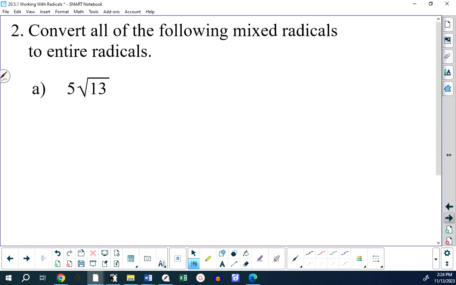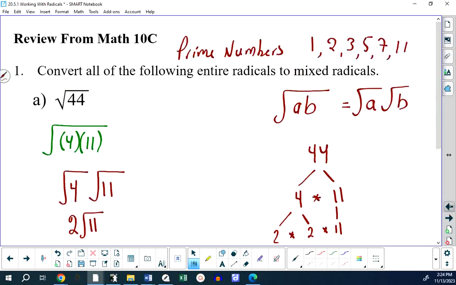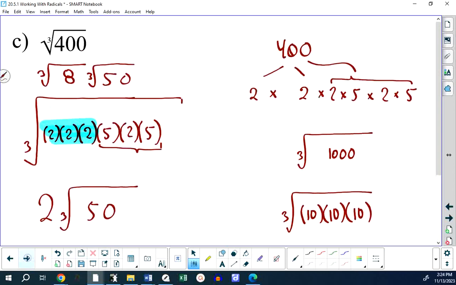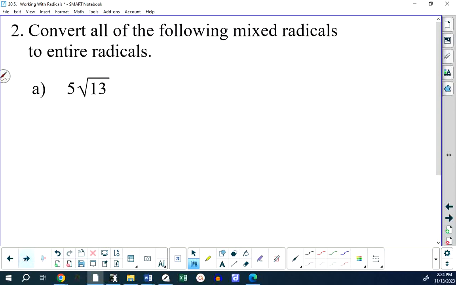Let's try one more. Number 2, convert all of the following mixed to entire radicals. So now that I've established if it's a square root and you have 2 identical numbers under the square root, they become 1 outside, then we can say if you have a number outside, when we put it in, we have to put 2 of them in. So there's a 5 that's outside of the radical sign.